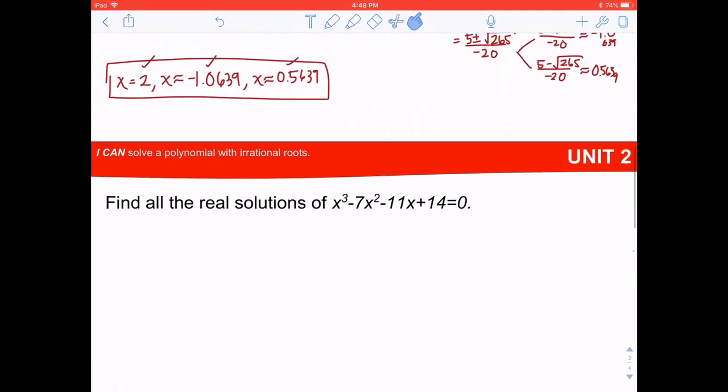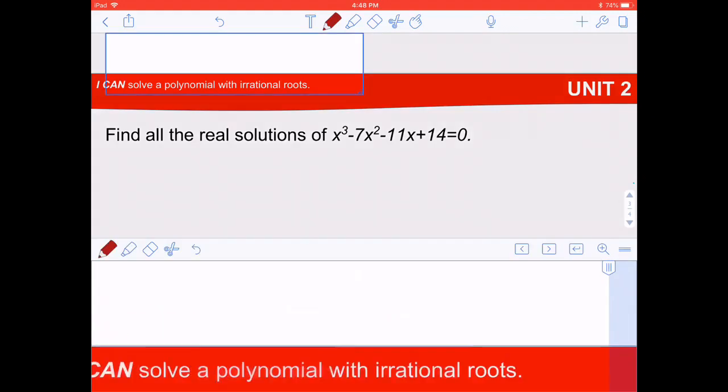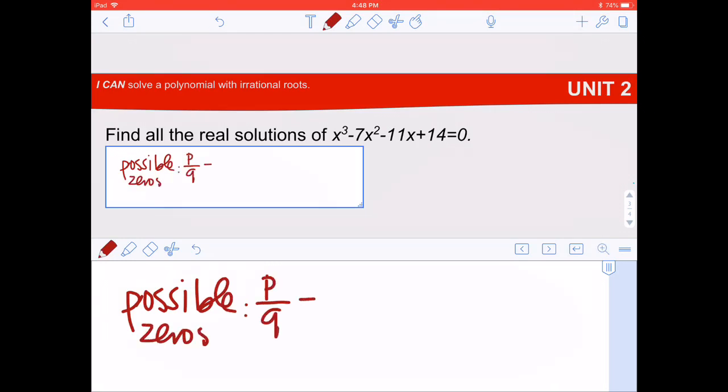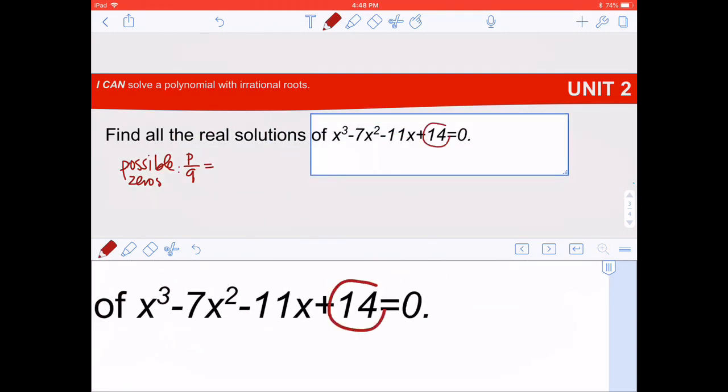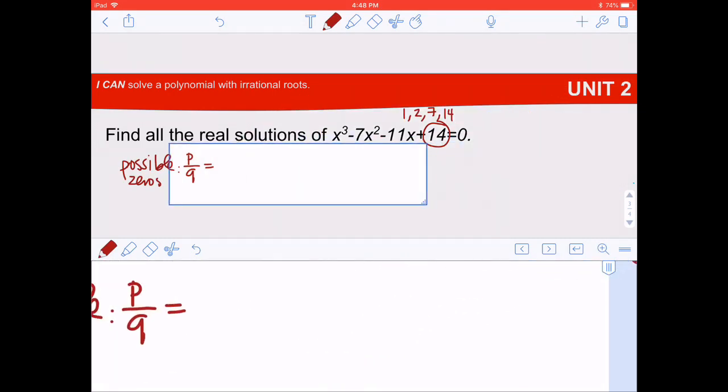Our next example, very similar. So I'm going to go ahead and find all of my possible zeros, which means I'm going to take p over q. p is all of the factors for this one, which will be 1, 2, 7, 14.